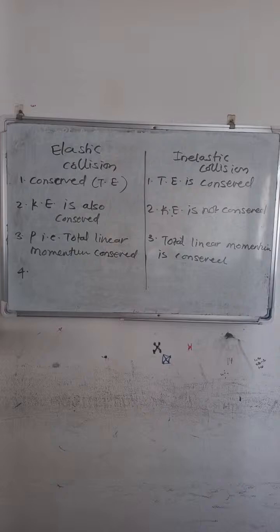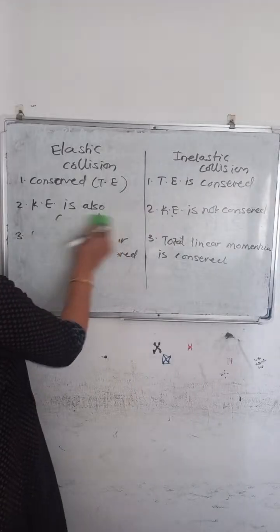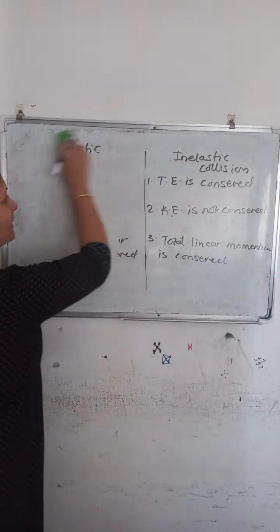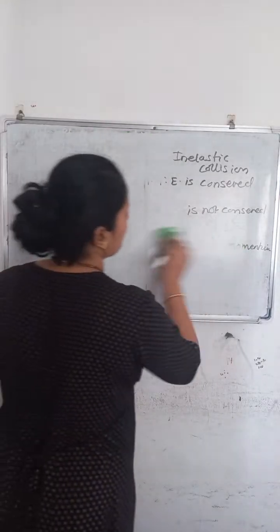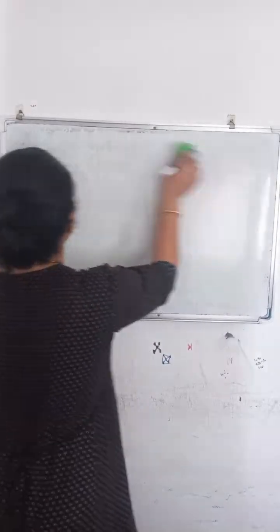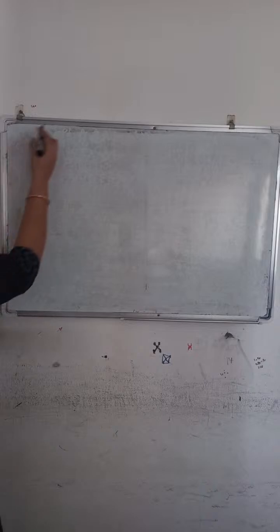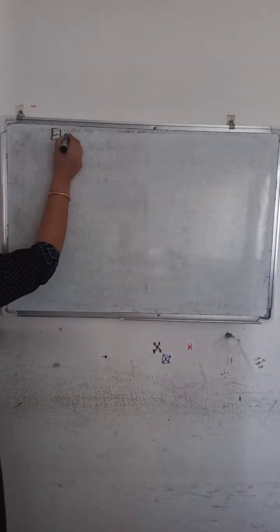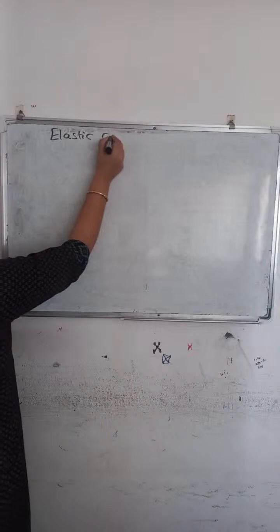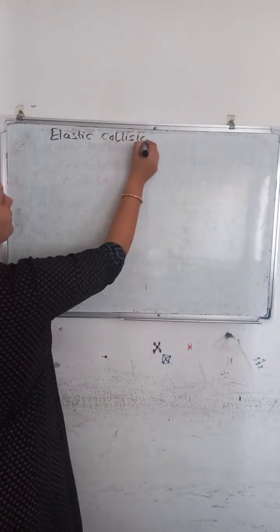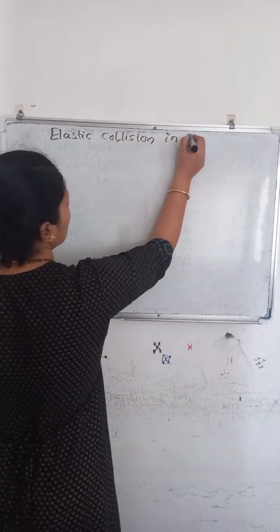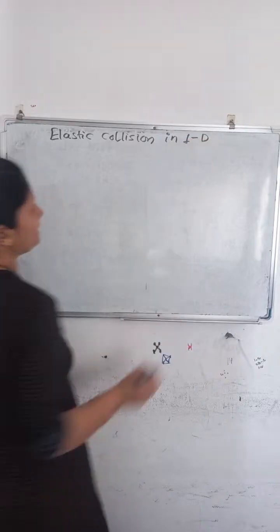Okay, getting everyone? So these are some points given for elastic and inelastic collision. Now we are discussing elastic collision in one dimension, 1D.